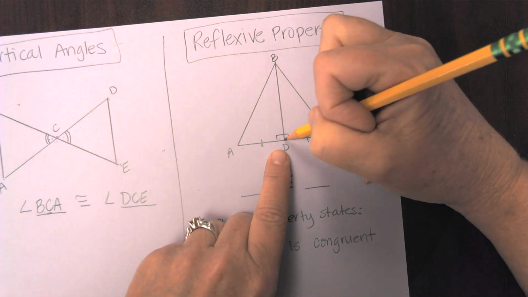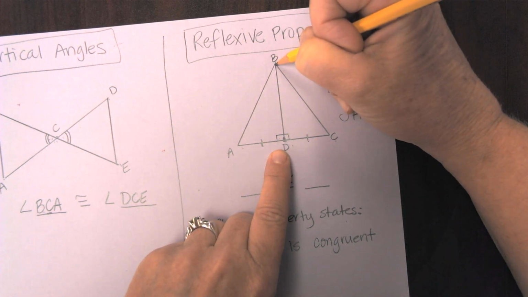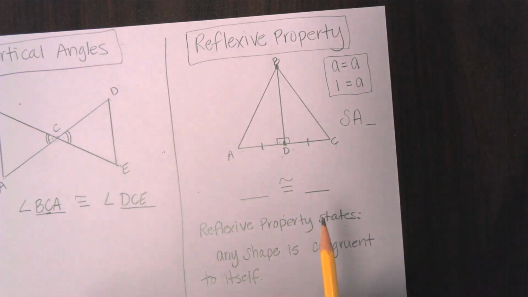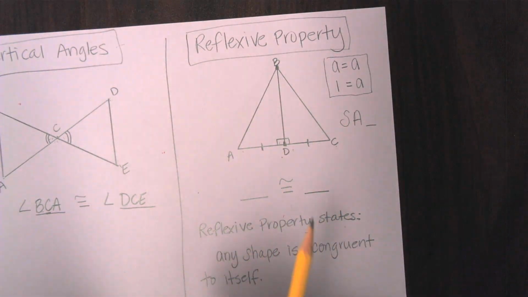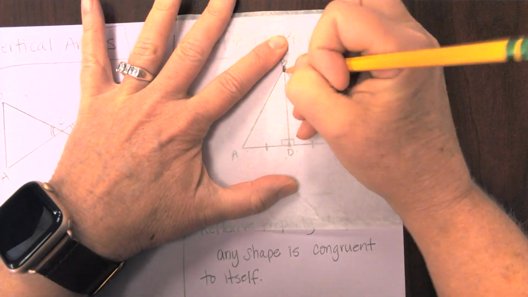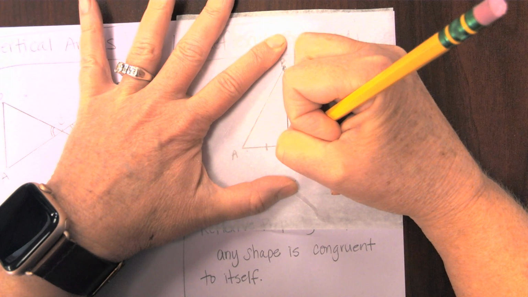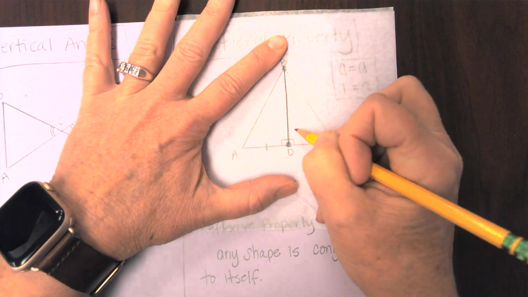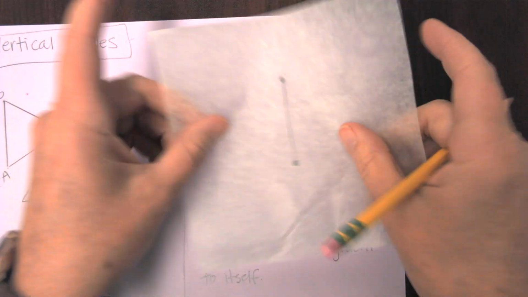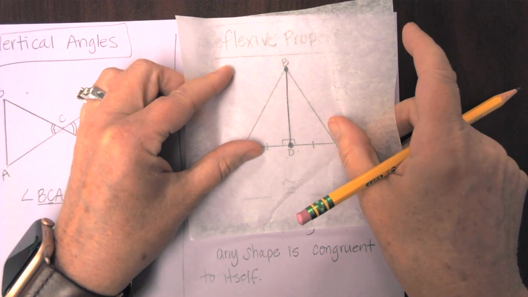It would help if I knew that BD was congruent to itself. Well, the reflexive property helps us with that. I can even take my paper here and sketch BD, and notice that it's congruent to itself. Even if I flip it, it's still congruent to itself.